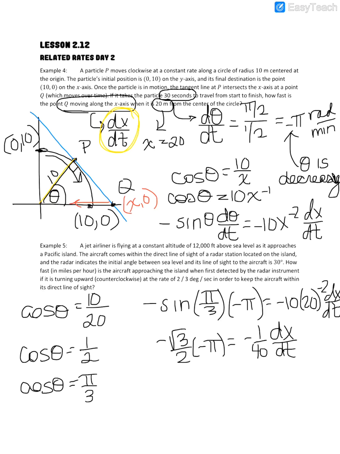Okay, we're going to multiply both sides by negative 40. So this gives me negative times a negative times a negative is a negative, 40 radical 3 over 2 pi. And then that gives me negative 20 radical 3 pi.